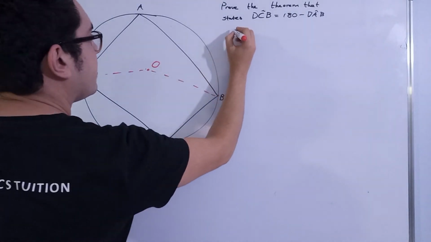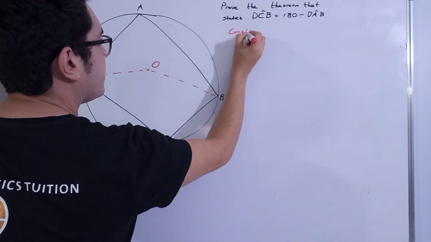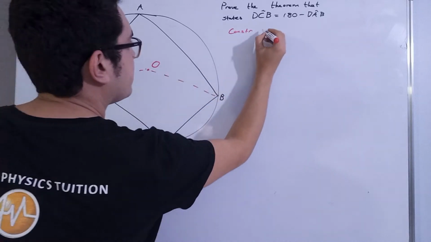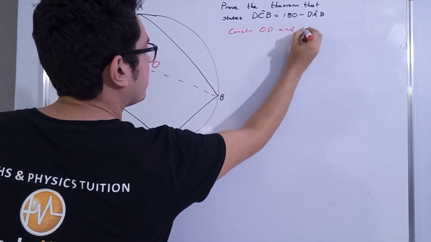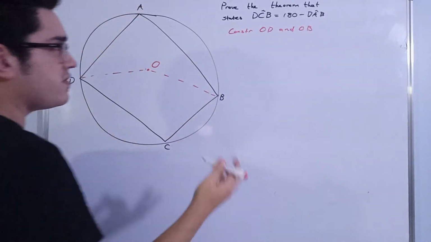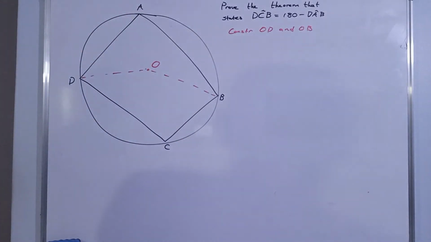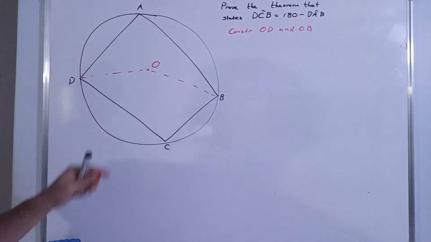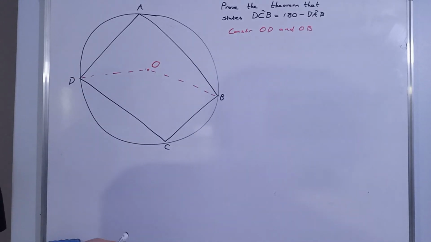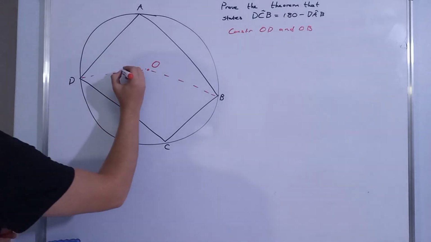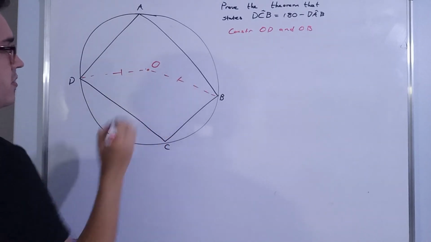So we'll say construct OD and OB. Now, because these two lines that we've drawn in consist of O, it's pretty clear that they're radii, so they're equal in length. What we then do is we label them.